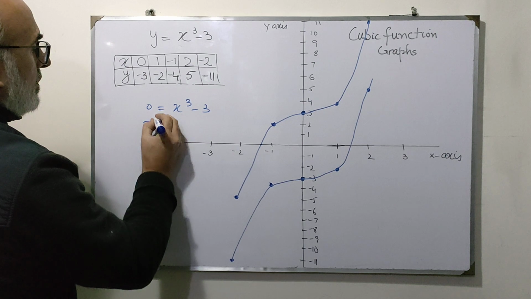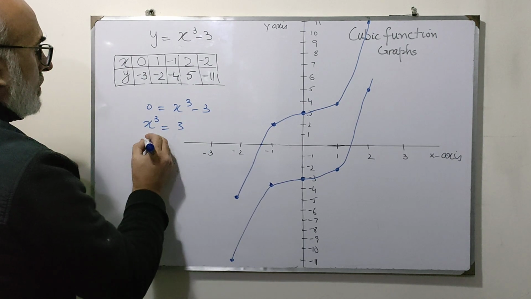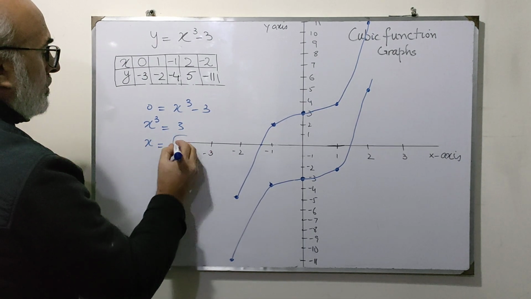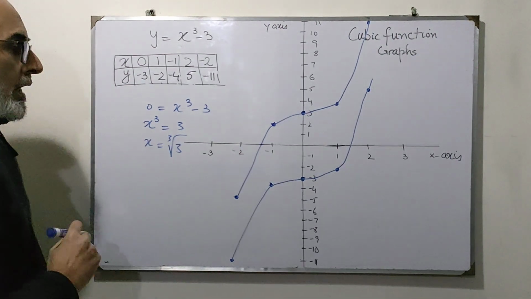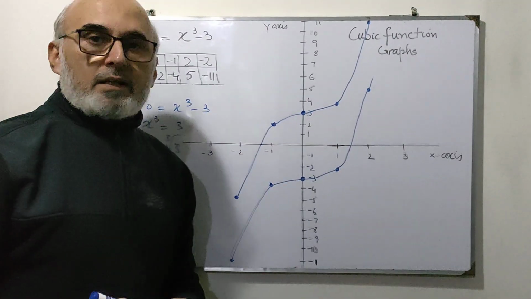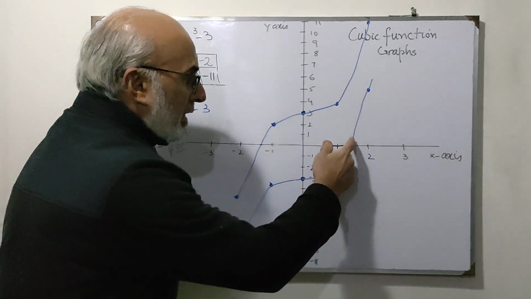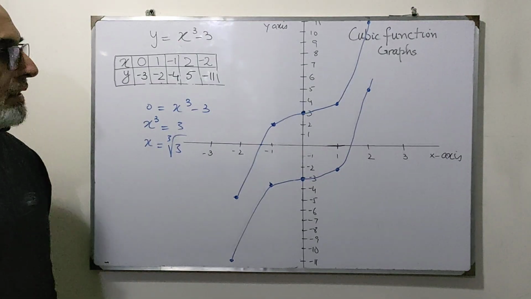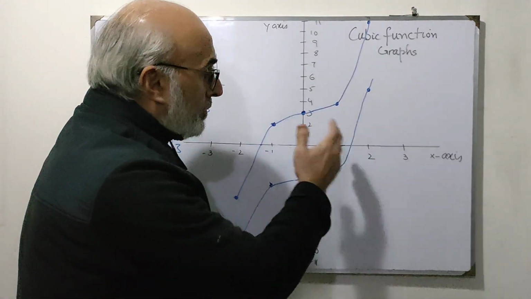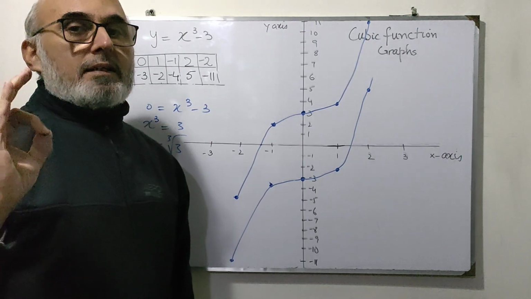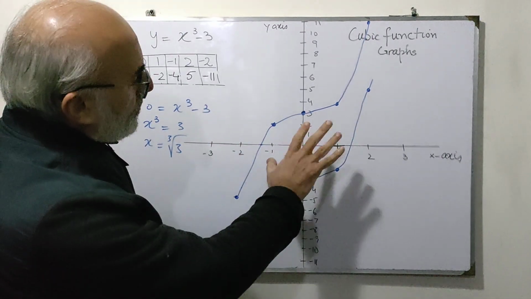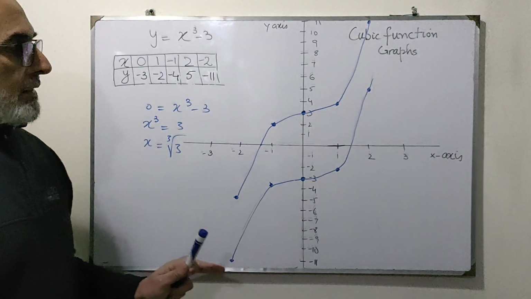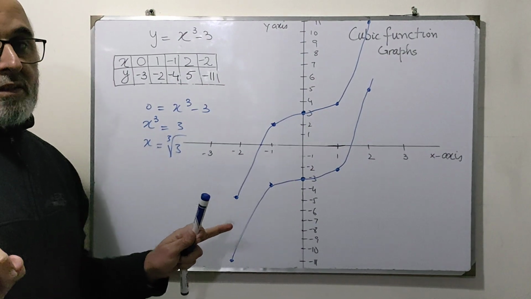So x cubed is equal to 3. So x is equal to the cube root of 3. And you will get approximately 1.4 at the point where it is intersecting the x-axis.